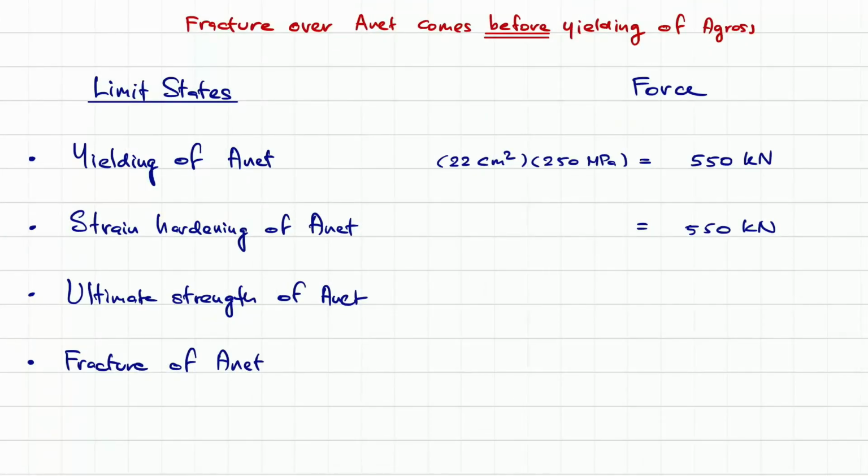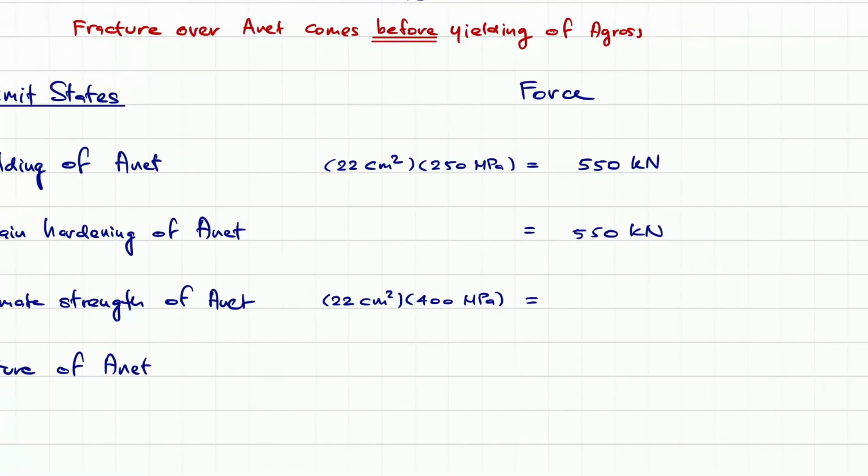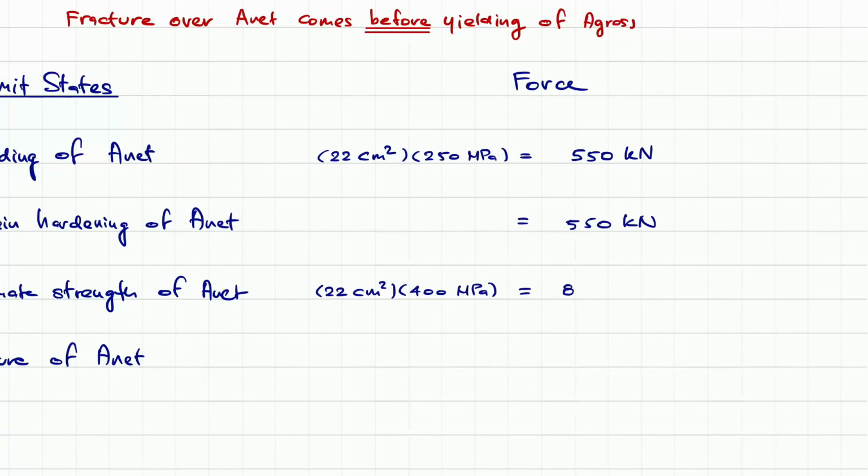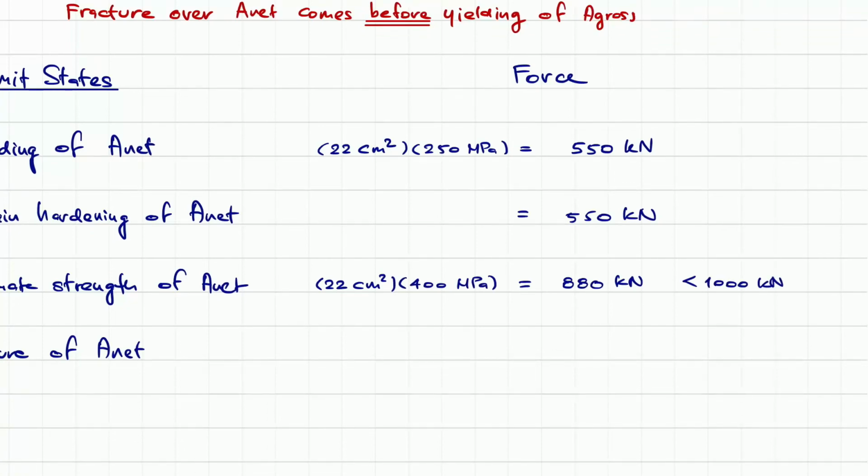And then 22 square centimeters multiplied by 400 MPa. That is 880. You can see that the capacity at fracture is less than 1000, which is the A gross yielding.